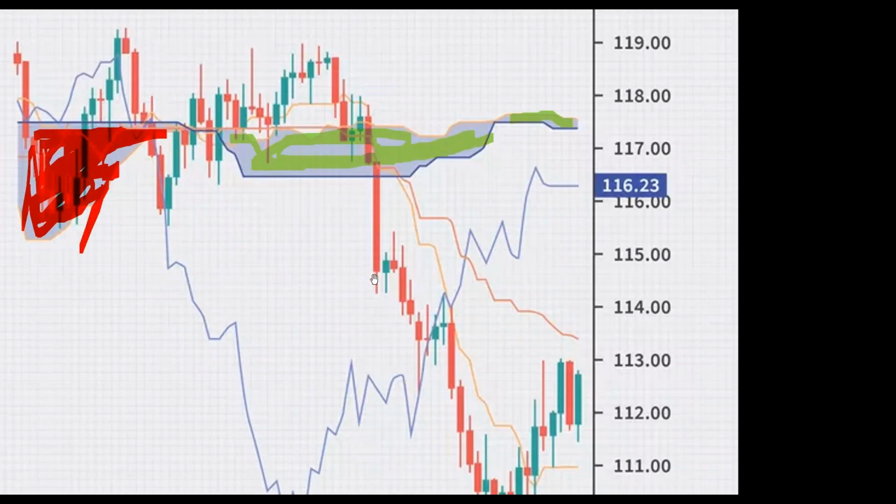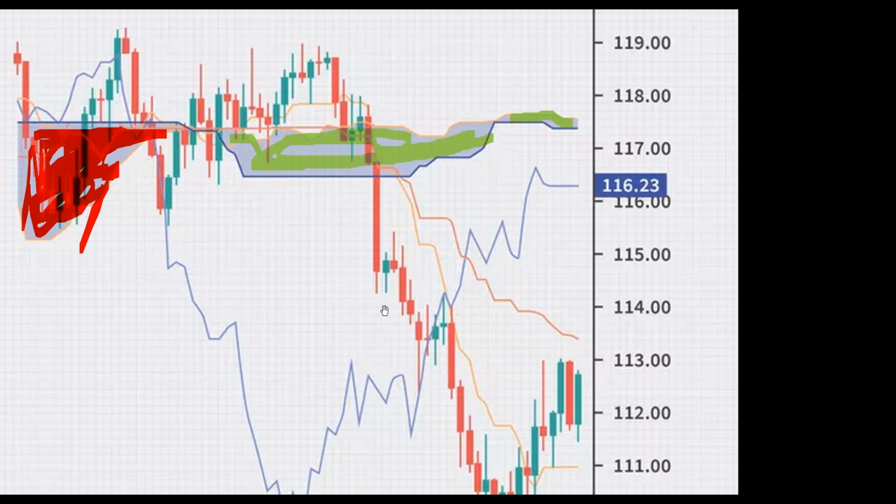So if you have observed and identified this nearly full body, one long bearish candle along with the crossing of the price below the cloud and the bearish cross of the 2 moving averages over here, then you could enter short at the closing of this candle at 114.50 with targets at the Ichimoku span.